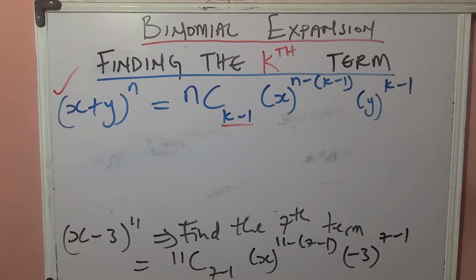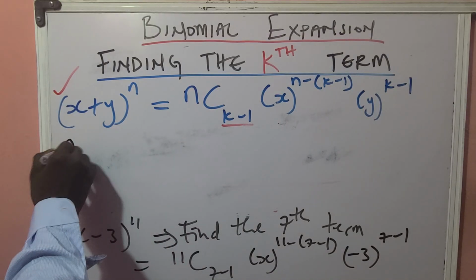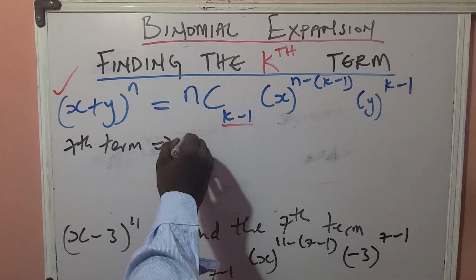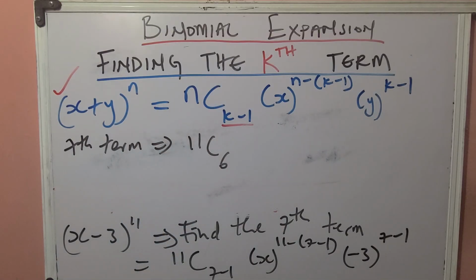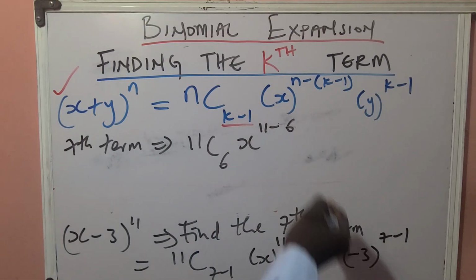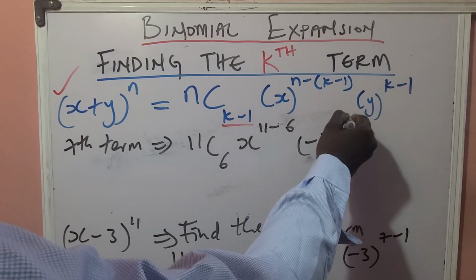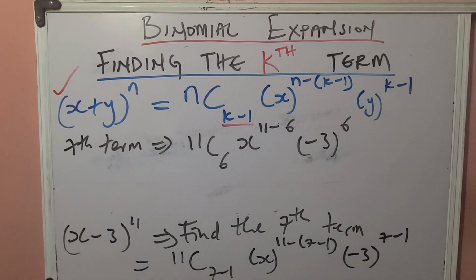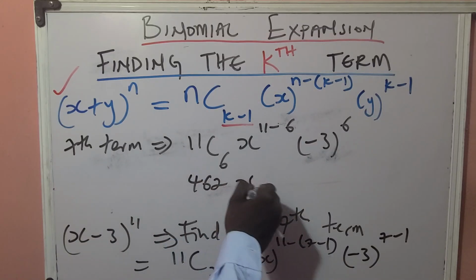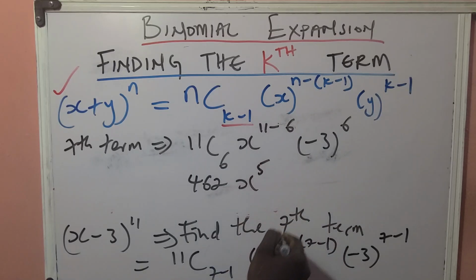So looking at this, our seventh term is equal to 11 combination 6, x raised to power 11 minus 6, then minus 3 raised to power 6. 11 combination 6 gives you a value of 462. So you have 462 x raised to power 5.